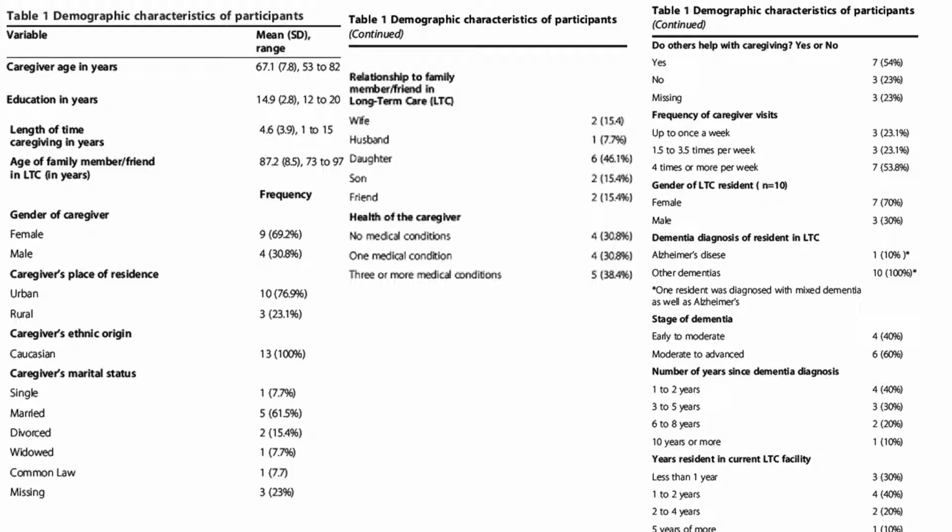So it could be the mean, or it could be frequency, what percent of these 13 people were female and male, where they were living, urban or rural, their ethnic origin, marital status, etc., etc. So you're just kind of looking at that. And for this purpose, one of the things you're going to look at is a snapshot of who these people were.